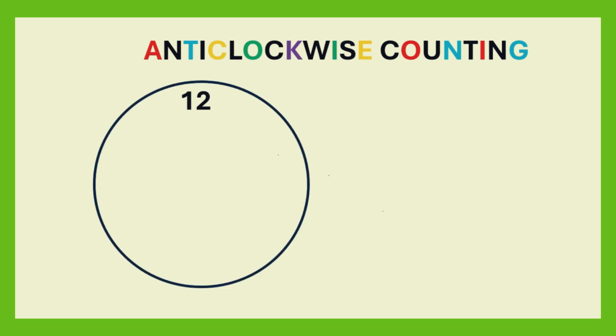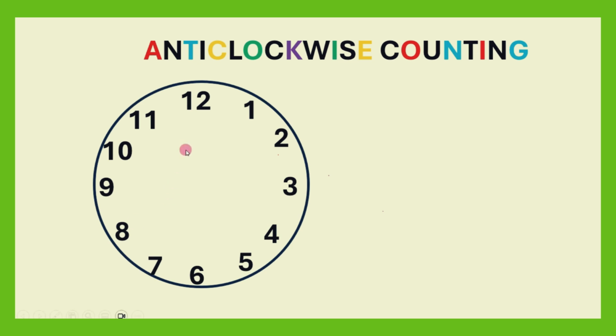Imagine you have that big clock again, and you are asked to count anti-clockwise. When you are counting anti-clockwise, it's the opposite of clockwise counting. So you are counting in the opposite direction. Let's say we start from 12 and count anti-clockwise.